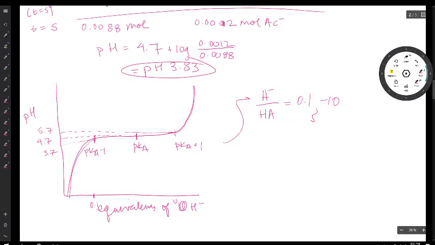So when we're within this ratio, we're going to resist changes in pH. However, once you get on the outside of that range, the pH is going to rise and fall pretty quickly. So again, that's when our pH is pKa plus or minus 1. And as you can see here, we're at a pH of 3.83, which is well within the range of an effective buffer.